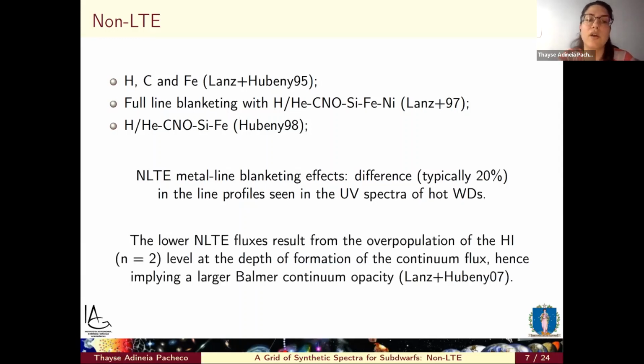Also, the lower non-LTE fluxes result from the overpopulation of the hydrogen n=2 level at the depth of formation of the continuum flux, hence implying a larger Balmer continuum opacity.